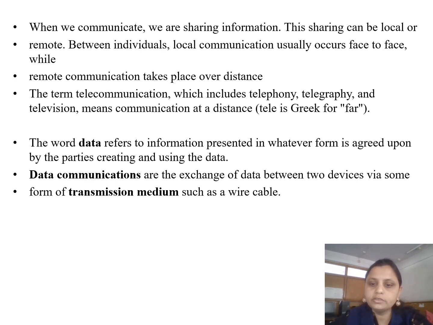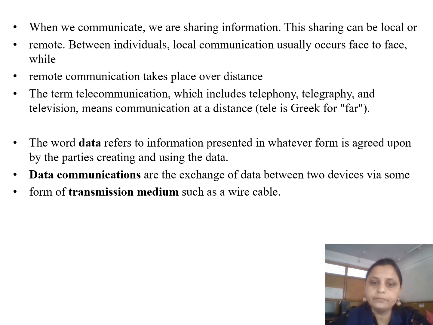Now, what is data communication? Data communications are the exchange of data between two devices. When we want to communicate by using a network, there is a need for a sender and a receiver.